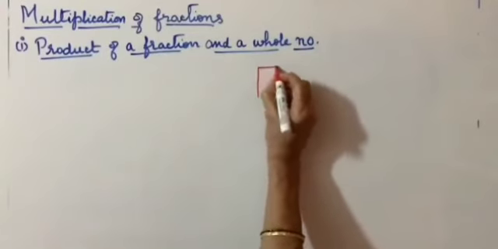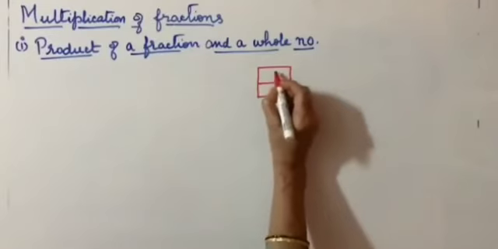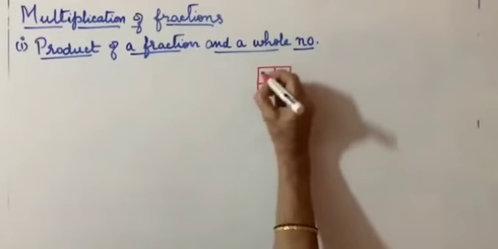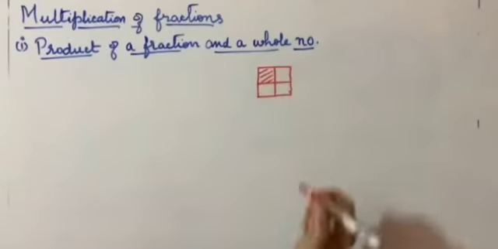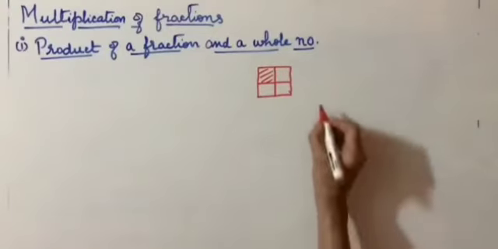Let's say we have a square and I've shaded a part of it. Now what do you think is the fraction for this? Yes, draw it in your books and write the fraction, children.